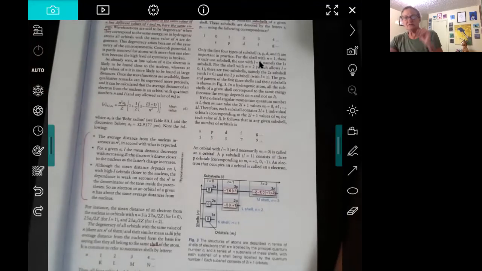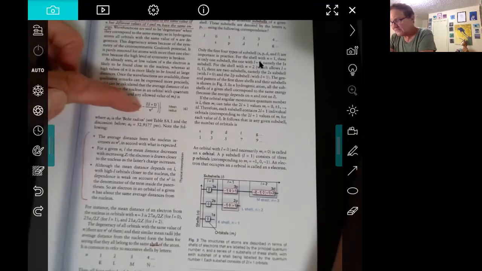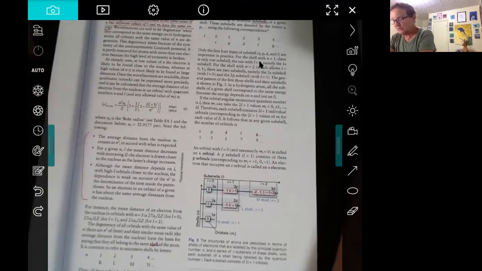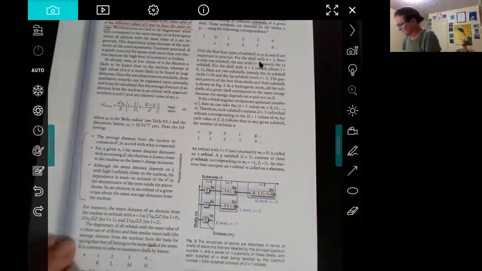So if you measure the location of the electron over and over, what would be the average value for R that you would find? And it's a function of L. It actually gets smaller as L gets bigger because this L term is being subtracted. So that means p orbitals you'll find on average closer to the nucleus than s orbitals, etc. So that's just an important concept.